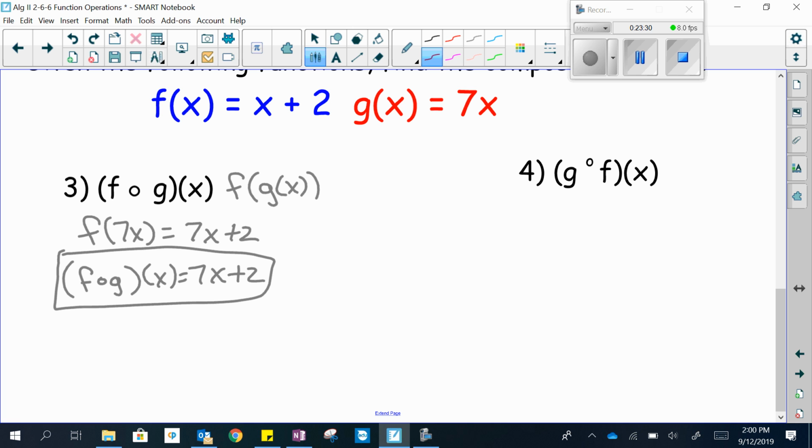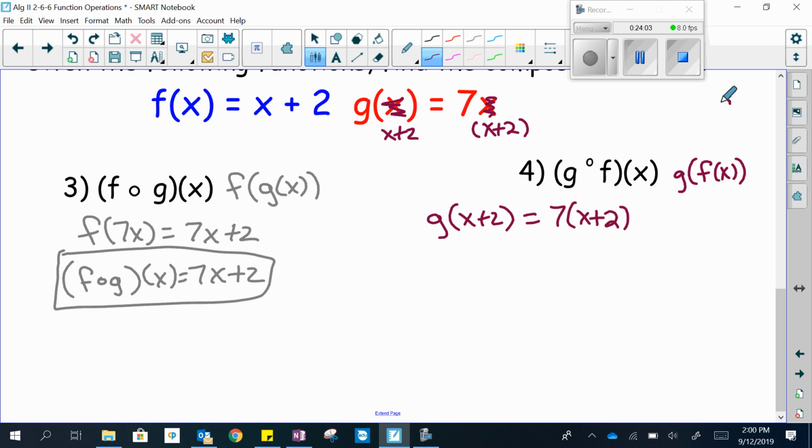All right, so that's g of f of x. We need the f function as the input value of the g function. So we're taking out the x and putting in x plus 2. We keep the 7, and then remove the x and put in x plus 2.